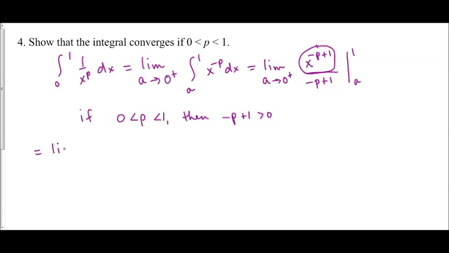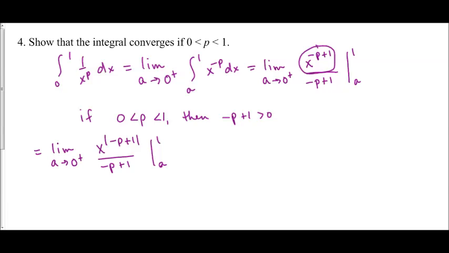So I'm going to rewrite it using absolute values. So I'm going to have the limit as a goes to 0 from the positive side of x to the absolute value of negative p plus 1 divided by negative p plus 1. And I'm still going to evaluate this from a to 1.